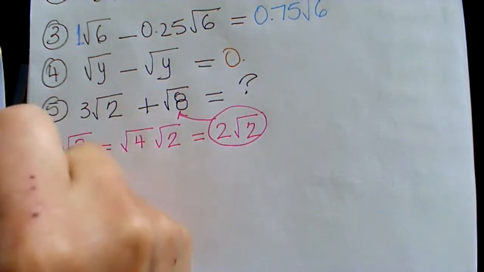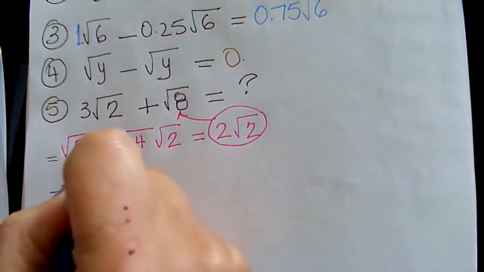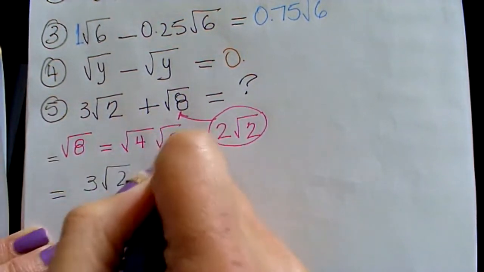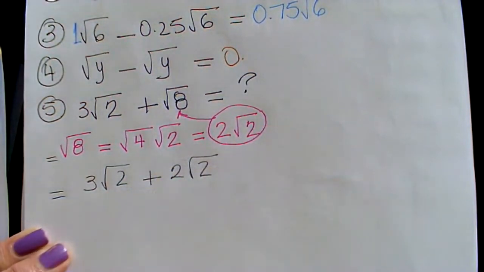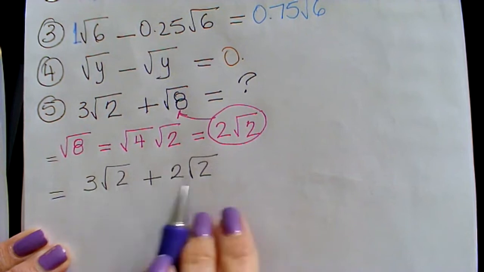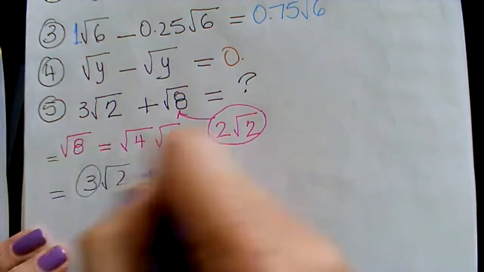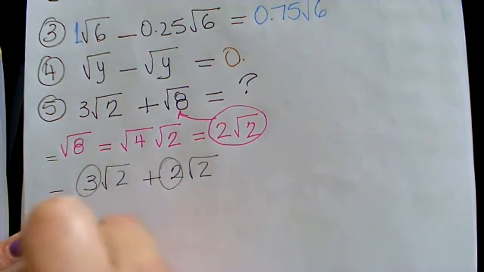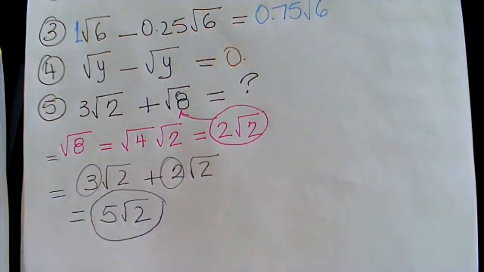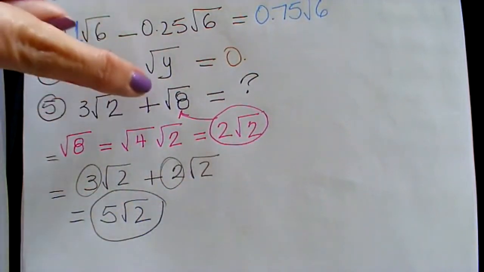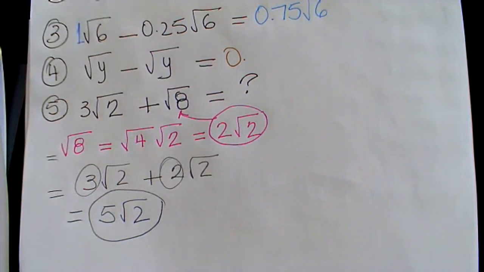So we have 3 square root of 2 plus 2 square root of 2. And I have the same radicands. I'm going to add the coefficients. And what do I get? 5 square root of 2. So we just needed to simplify it, okay?